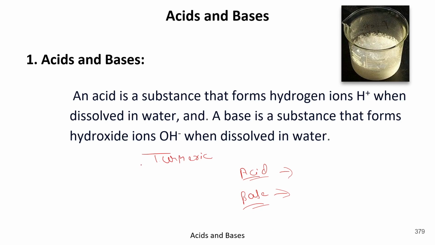Okay, remember, turmeric is always in yellow color. So whenever you treat turmeric with acid, there is no change in its color. Okay, no change. But when you treat it with a base, then it will turn a brownish color.